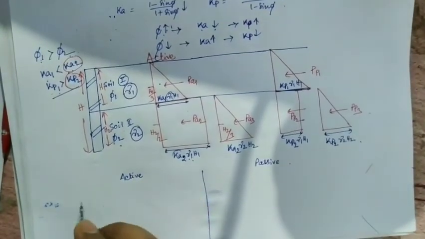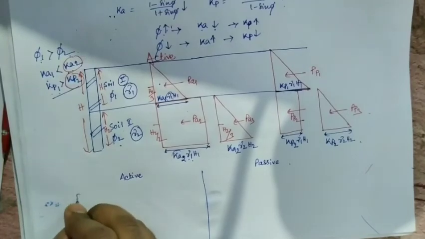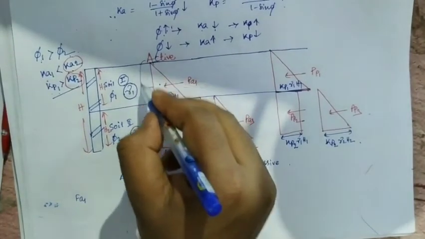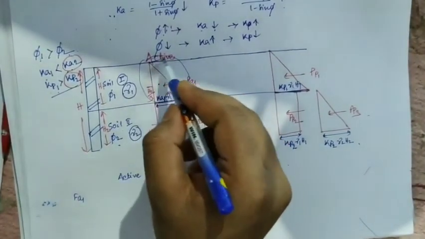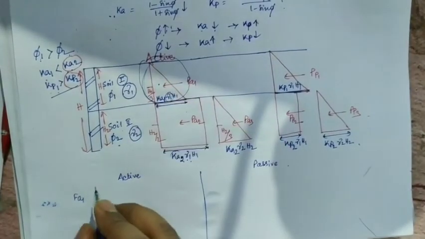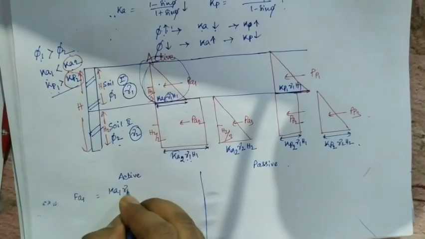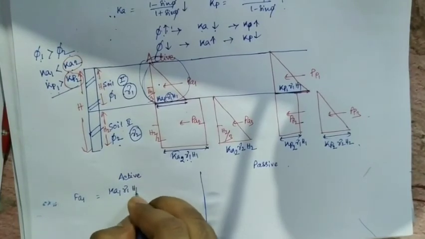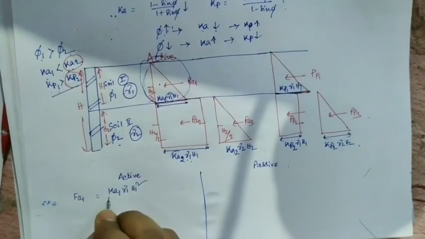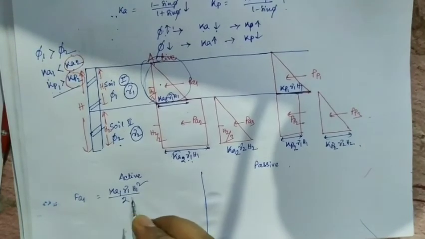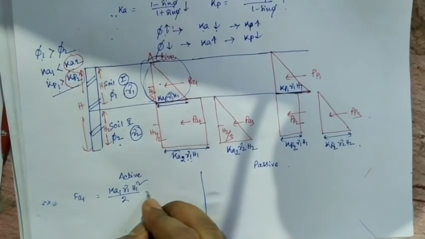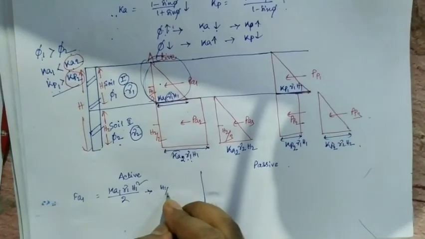In case of active, the total thrust Fa1 for that pressure will be Ka1 gamma 1 h1 square by 2, and it will be acting at h1 by 3 plus h2.